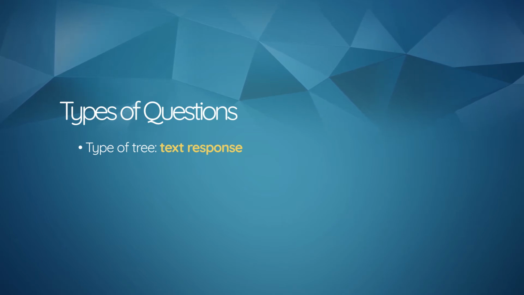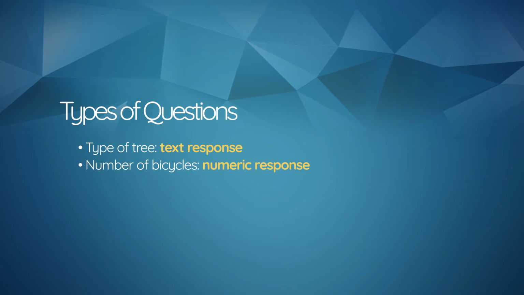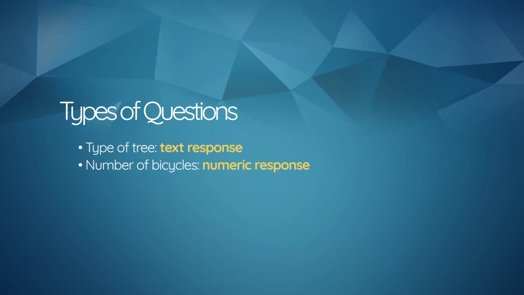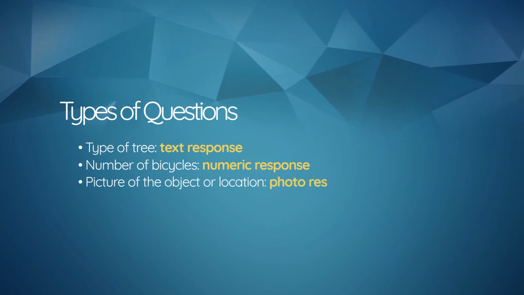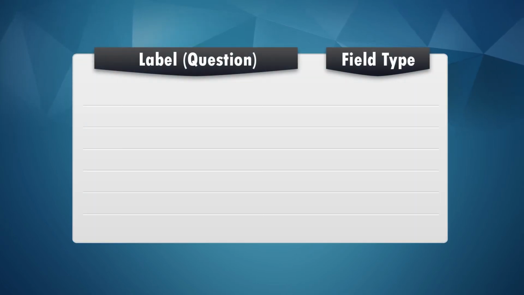If you want data collectors to record the number of bicycles locked to a bike rack, this would be a numeric response. Or, if you want data collectors to snap a photo of the object or location, this would be a photo question. As you create your data collection workflow, you will want to list each question you would like to answer, along with the field type or the type of response each question should receive.